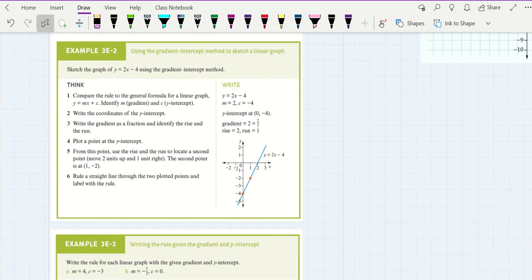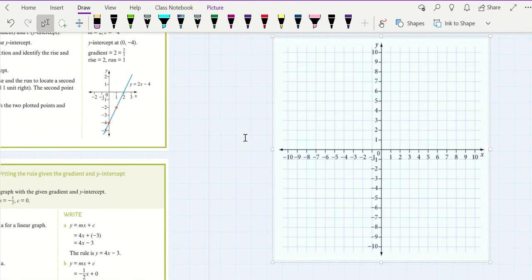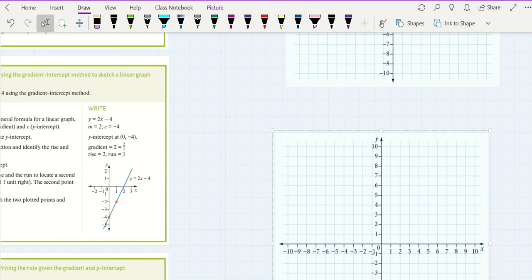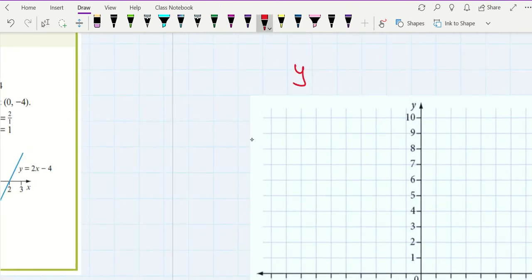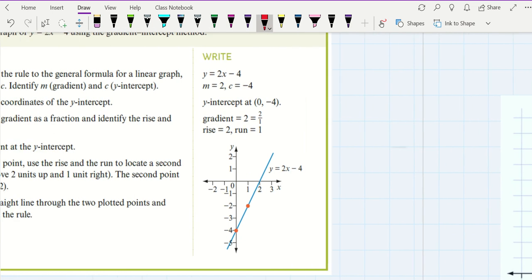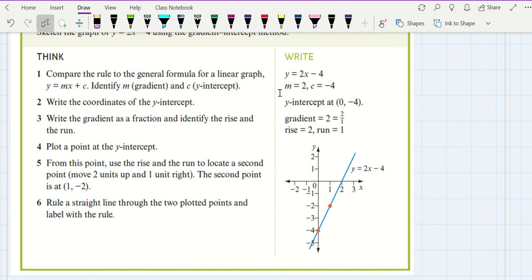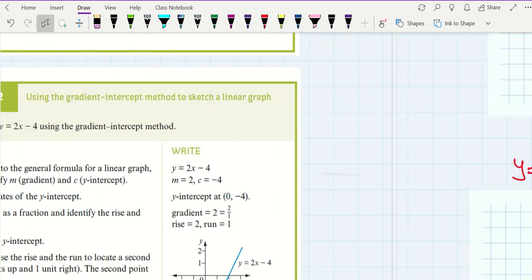Sketch a graph of y equals 2x take 4 using the gradient intercept method. So I'll just have to take a copy of that one. And let's give it a go. So what do we say? Y equals 2x take 4.